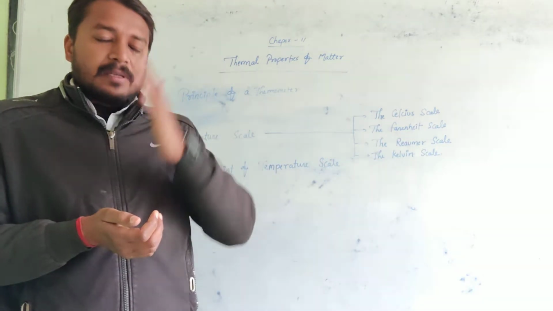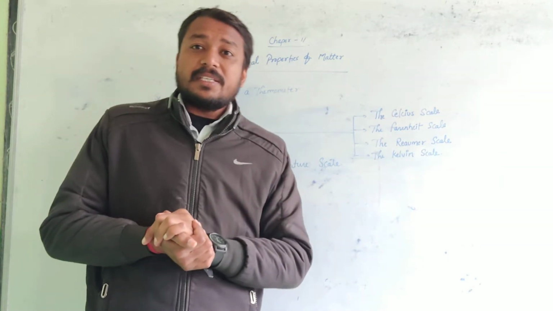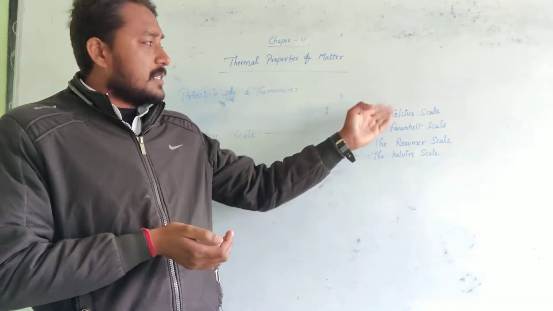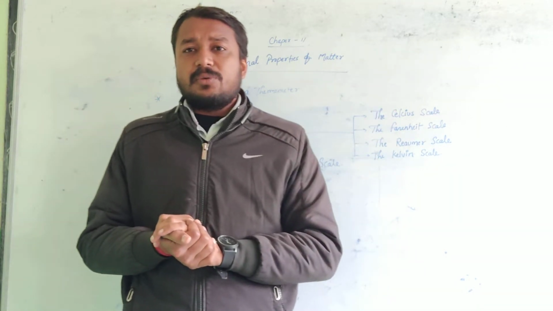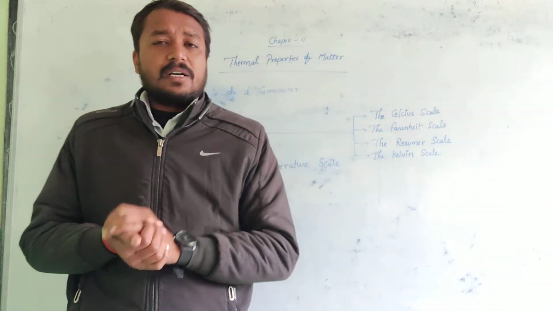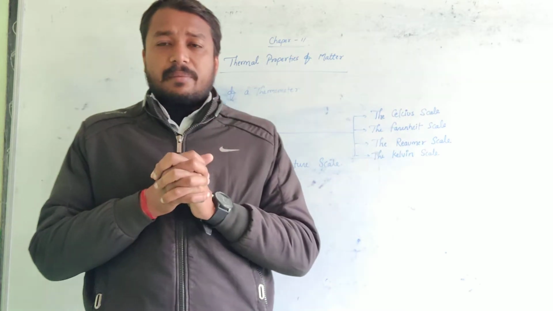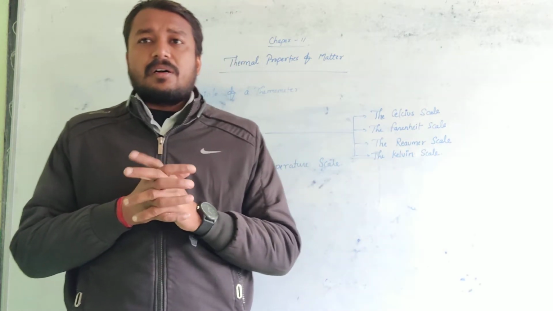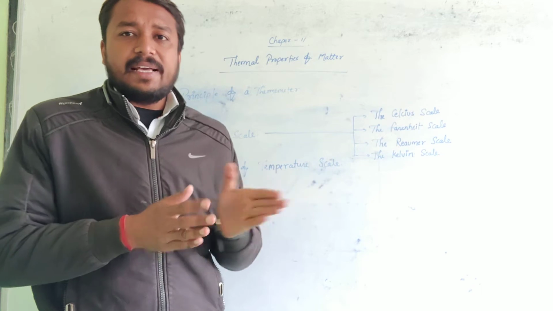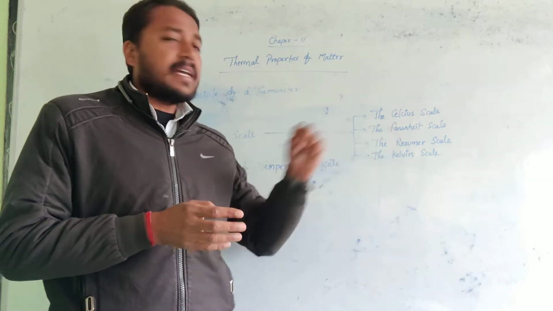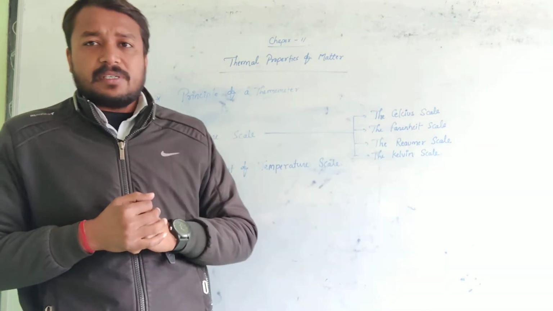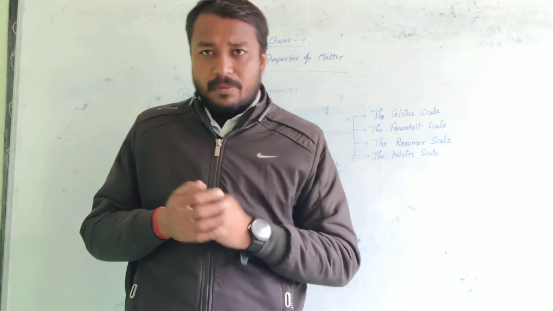Okay. Now the degree Celsius scale is used in a laboratory to measure the temperature of a mixture or a liquid or a gas, right? And the Fahrenheit scale is used to measure the temperature of our body.